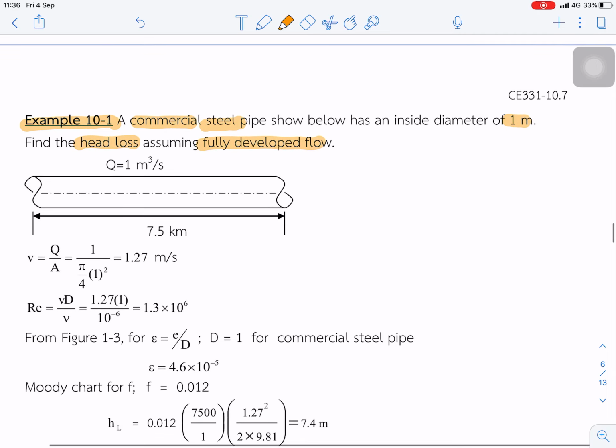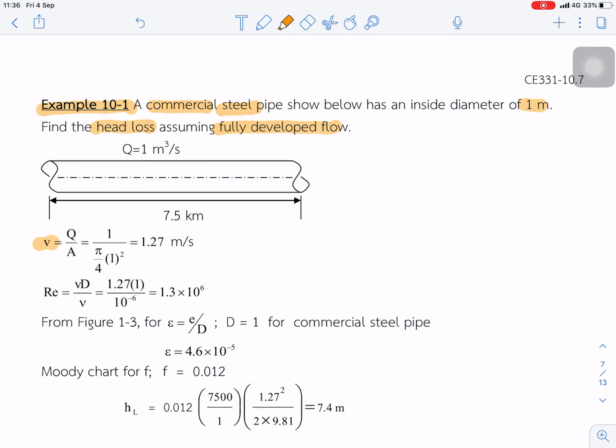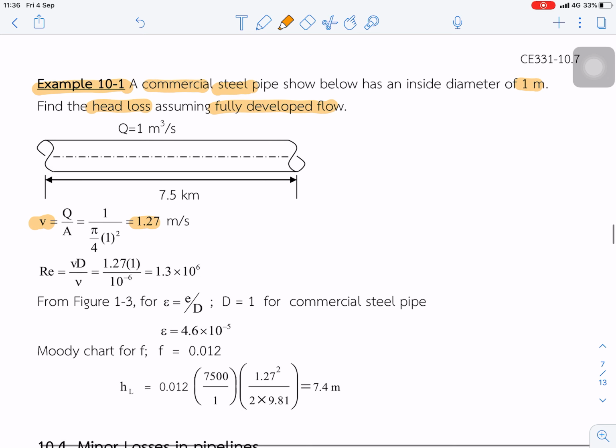In this case we can find the velocity, Q divided by area, is 1.27 meter per second. And next we can estimate the Reynolds number equal to velocity times D divided by nu. Nu depends on temperature. Nu for 20 degrees Celsius is 10 to the power minus 6.